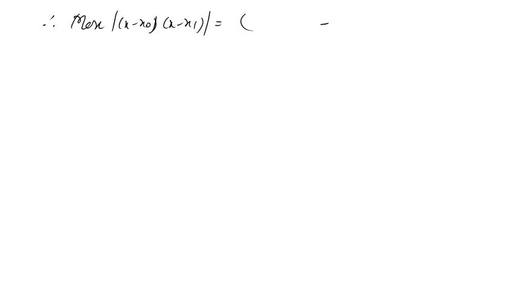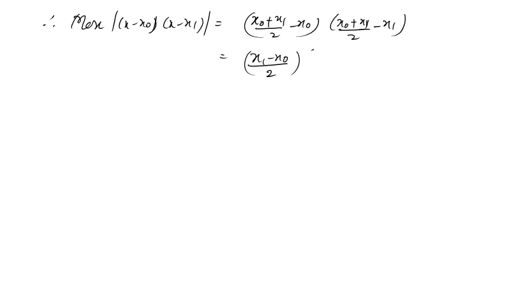Let me write directly. x is x naught plus x1 by 2, so x minus x naught is x1 minus x naught by 2, which is h by 2, and x minus x1 is x naught minus x1 by 2, which is minus h by 2. So totally it is minus h square by 4.